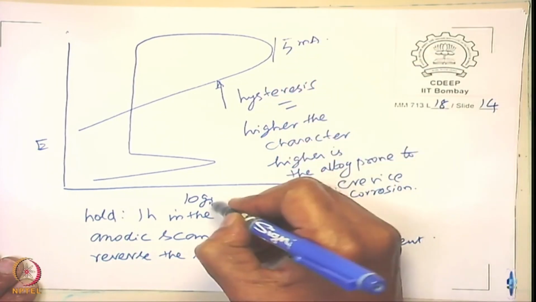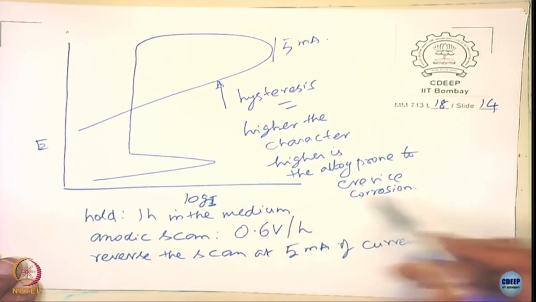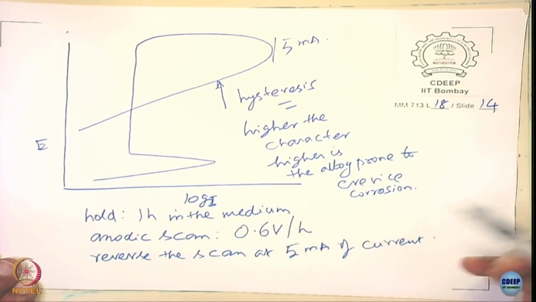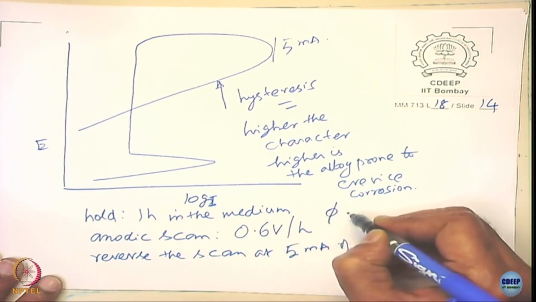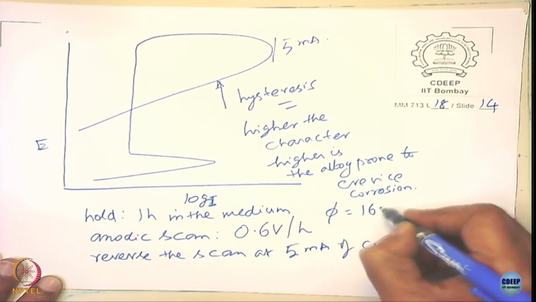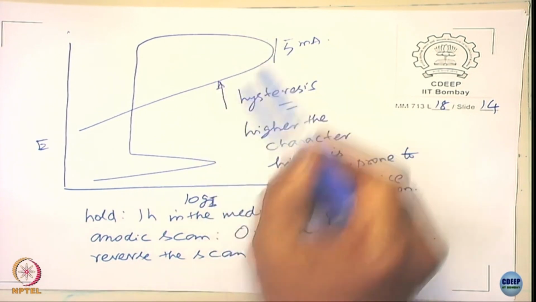It is a log I, not a small i, because the sample diameter is 16 millimeters, so the current density is going to be different. This hysteresis is an indication.